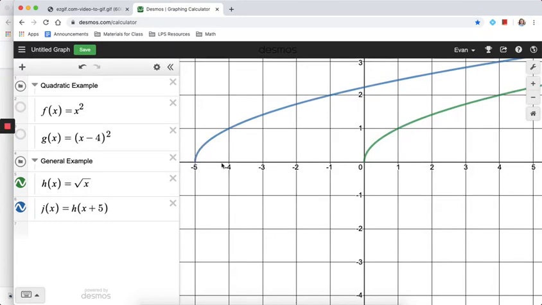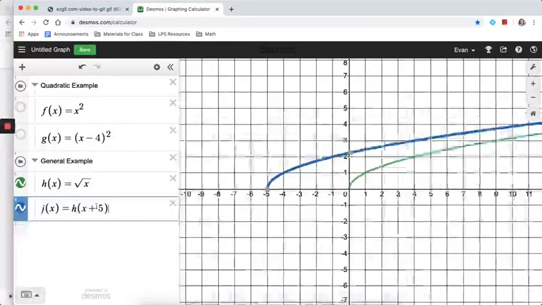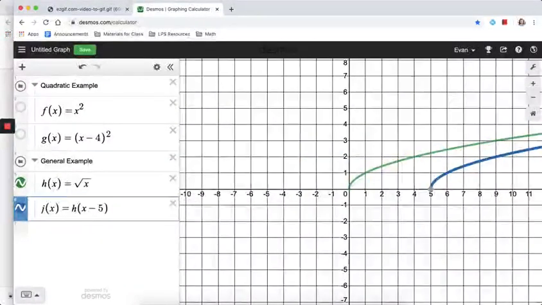Because every old x value will move 5 values to the left, and so we need to add 5 to balance that out. If we want to move this to the right, we would say h of x equals f of x minus 5.